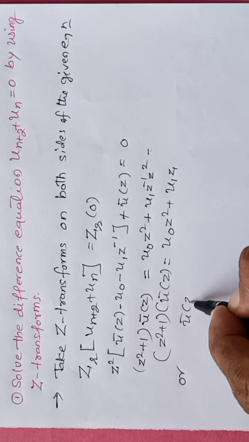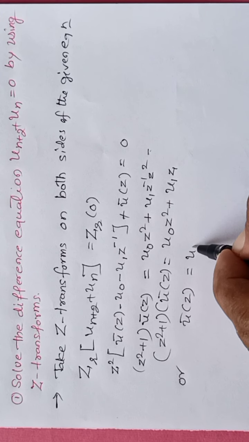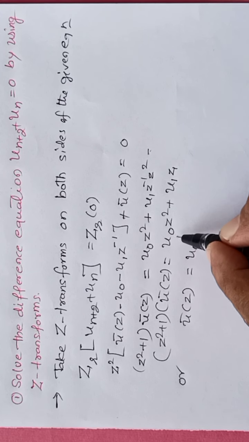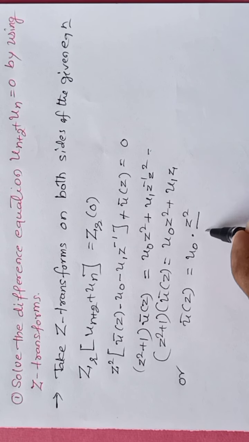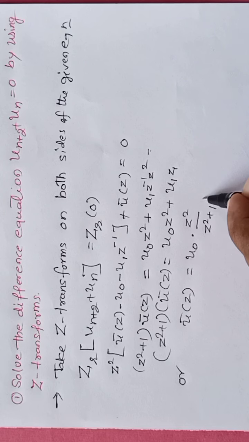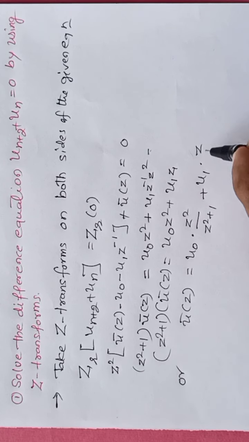So u bar z is equal to u naught into z square upon z square plus 1, plus u1 into z upon z square plus 1.